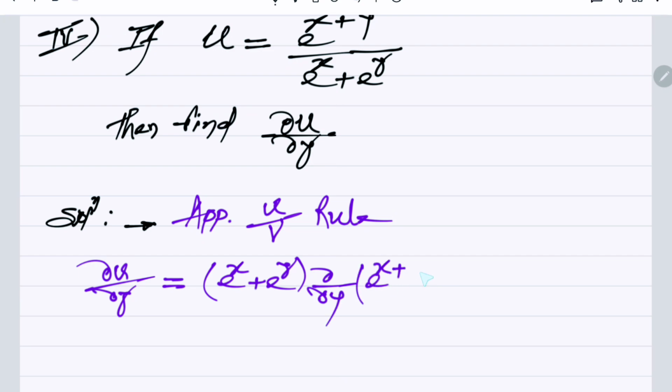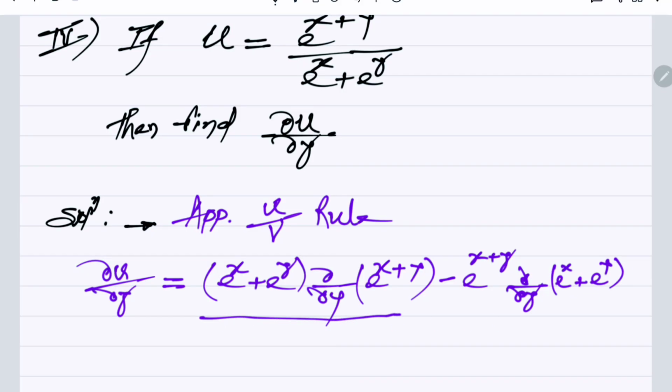Therefore, ∂/∂y of e raised to x plus y. Then minus the numerator term as it is, e raised to x plus y, and the differentiation of the denominator term with respect to y, that is ∂/∂y of e raised to x plus e raised to y, and the whole divided by v square, here e raised to x plus e raised to y whole square.